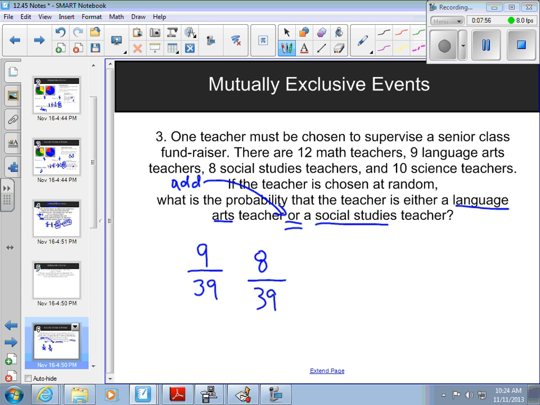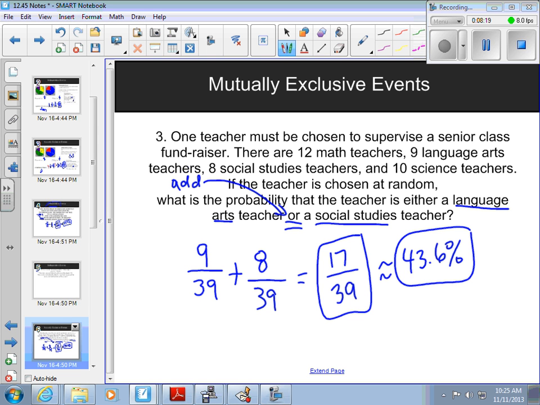So this would be the sum of these two together. We do have a common denominator already, so our chances are 17 out of 39 that it's social studies or language arts, or if you divide it out, about 43.6%.